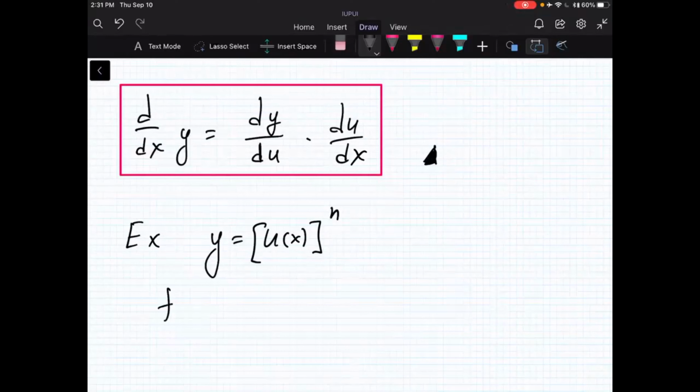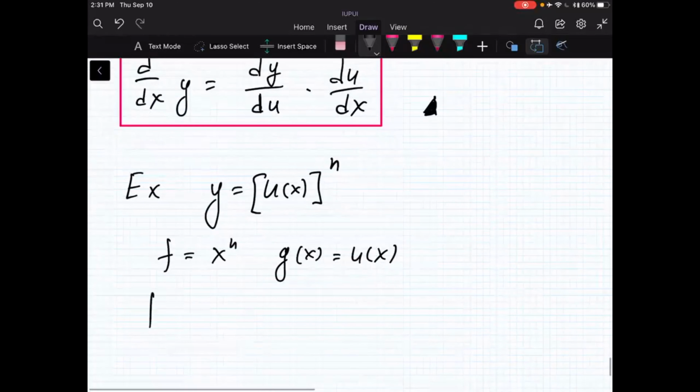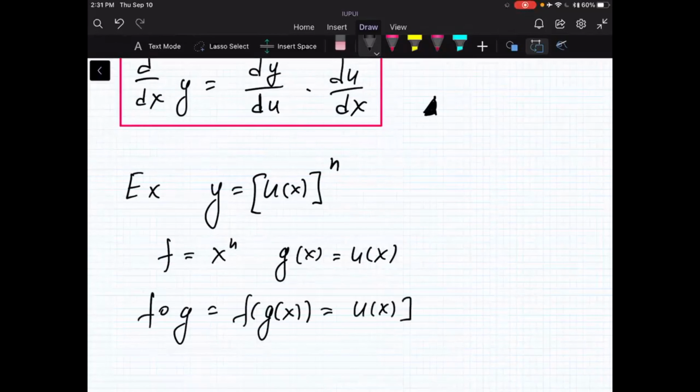The first function f is x to the power n, and the second function is our u of x, right? Then the composition of the two functions will be u of x to the power n.